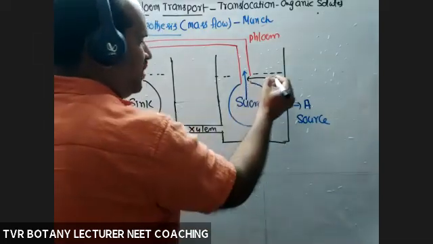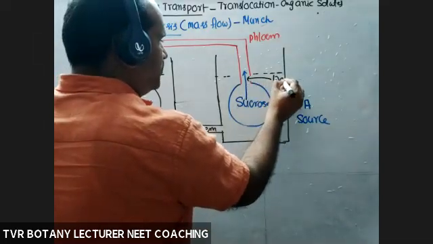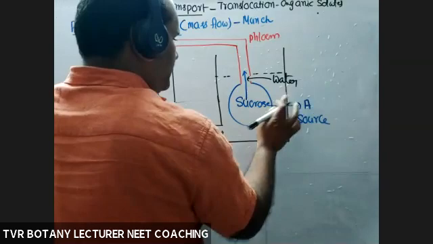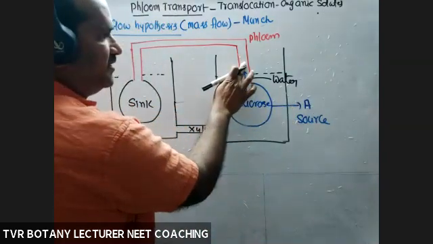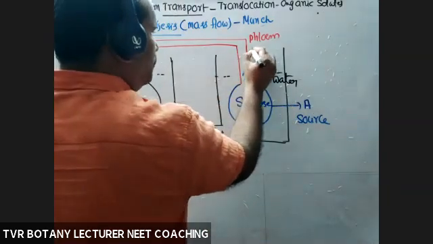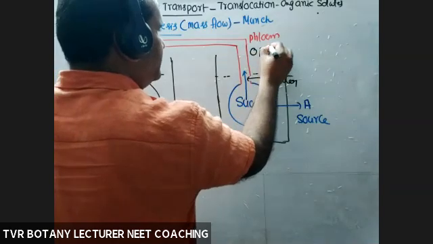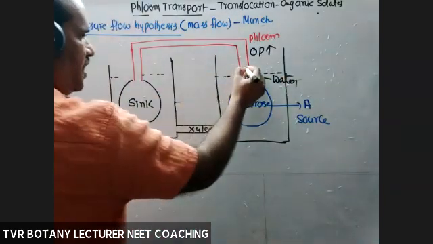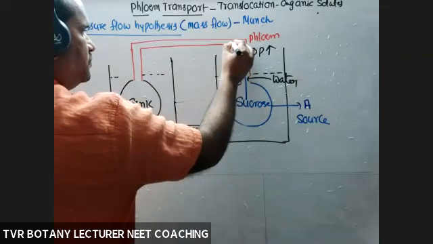This is the xylem part. Now water is transported from xylem into the phloem part. So now OP values rise, osmotic pressure.